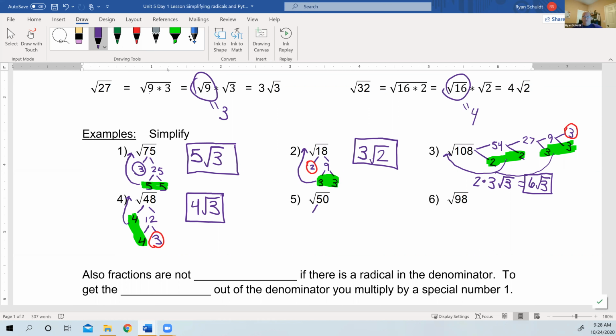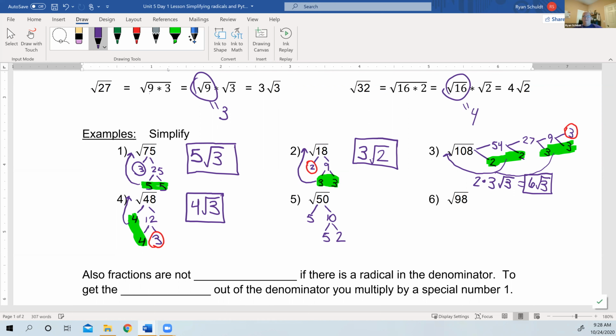Okay, 50. Now for 50, you may start out saying, oh, okay, 5 and 10. And then 5, I'm done. 10, what multiplies to give you 10? 5 times 2.